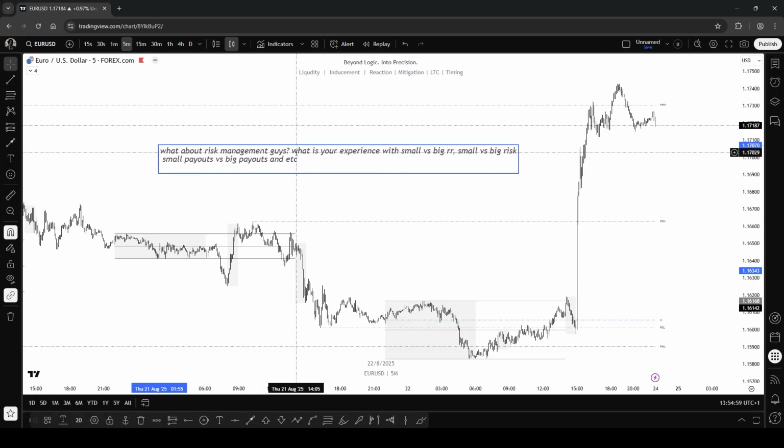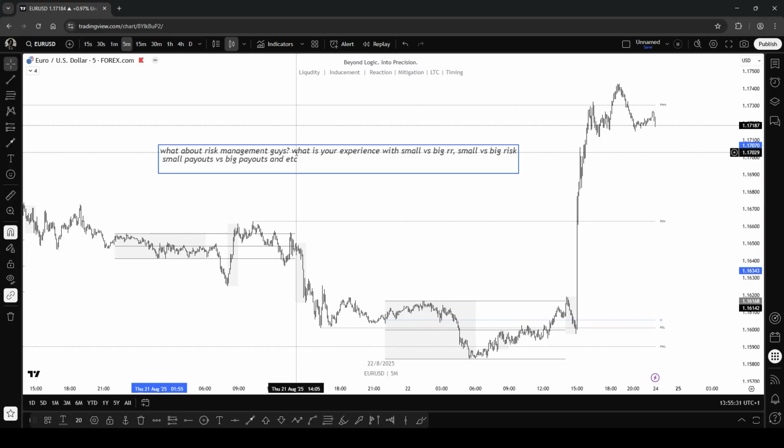Cool. So I was a guy with a crazy RR, but a very ugly win rate, right? Win rate was around 30 or below 30, but the RR was crazy. And that wasn't very good for my mental health, my mental capacity, and my trading portfolio. So I sacrificed those big risk rewards to get an accuracy that is between 70 to 80%, and right now it's at 77% for this month.